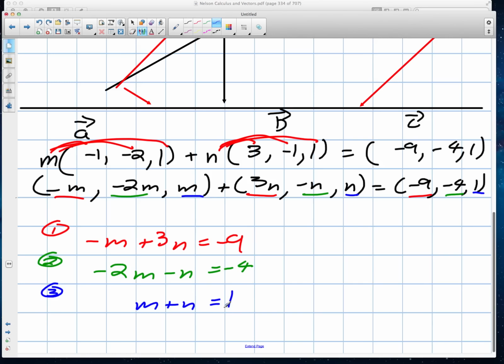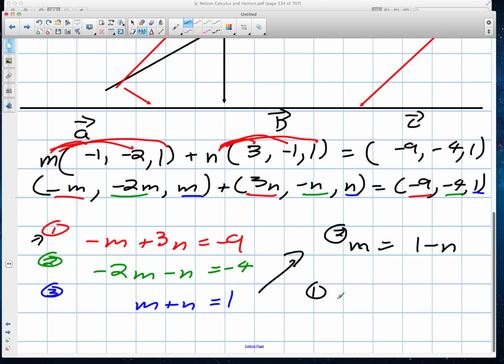So we have this information. What we need to do is essentially find out what our scalars would be in this question. We have 3 equations, 2 variables. We can solve this. We need to make sure, though, that what we solve for is true throughout all of them. So I'm going to take equation 3 just because it seems to be the easiest to work with. m is equal to 1 subtract n. I'm going to plug that into equation 1.